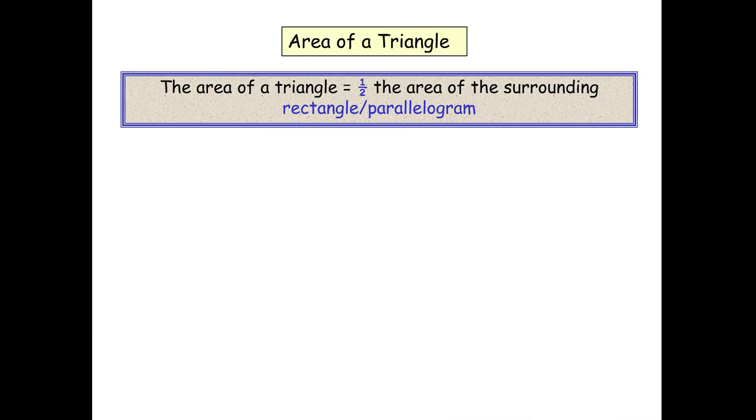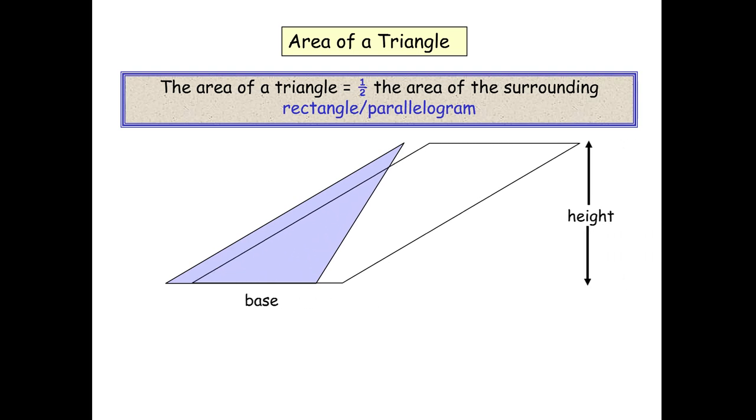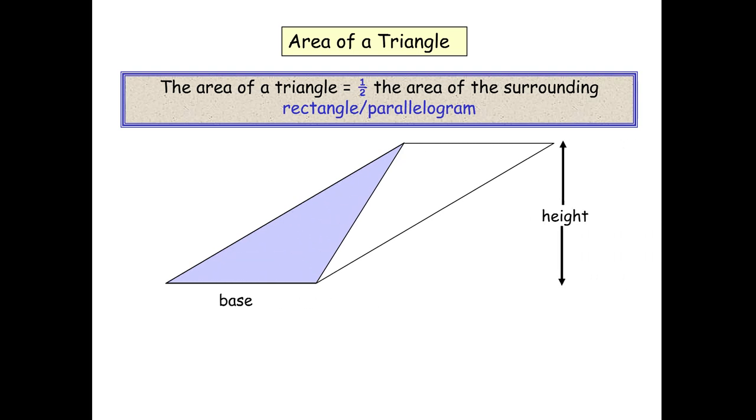So the area of a triangle is half the area of a surrounding parallelogram. If you have a triangle here and put a parallelogram around it, I know that the area of a parallelogram is base times perpendicular height.